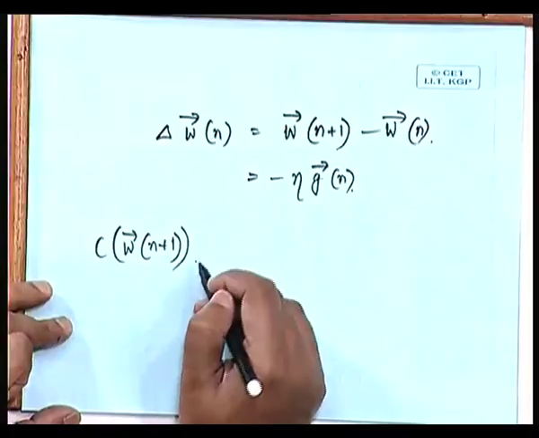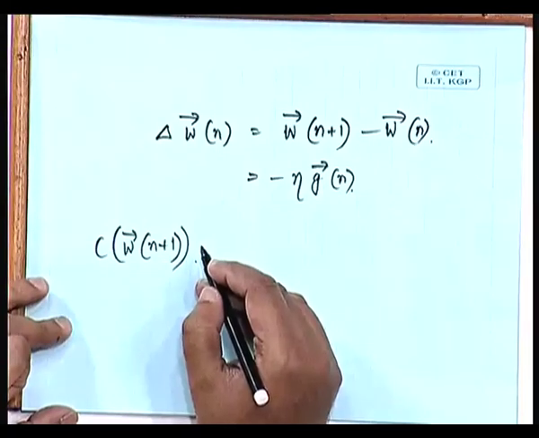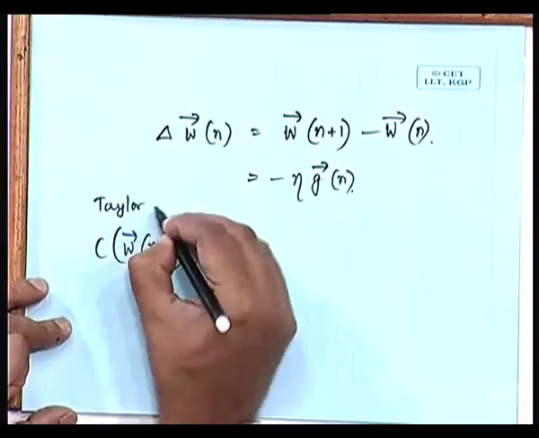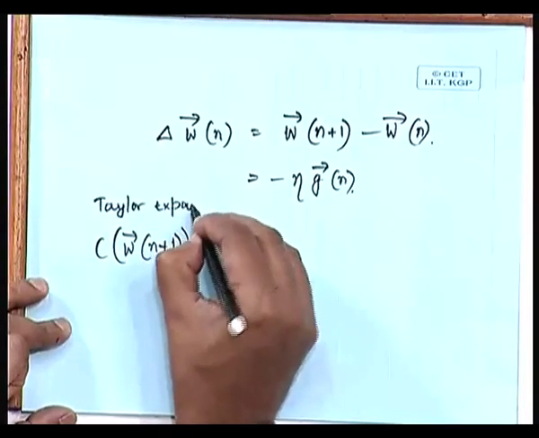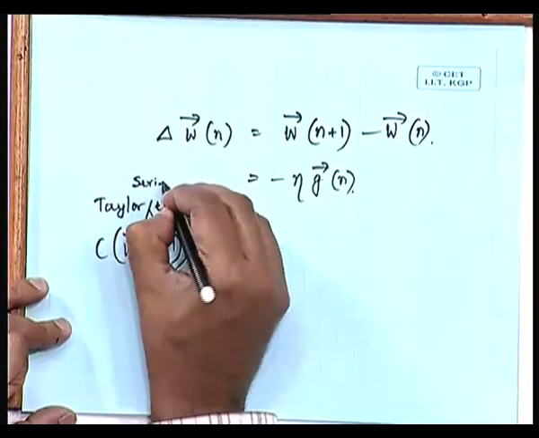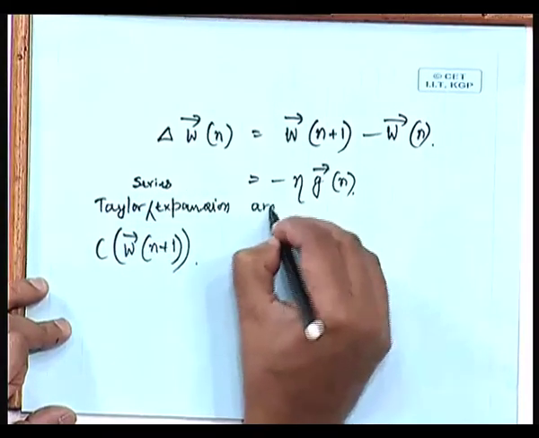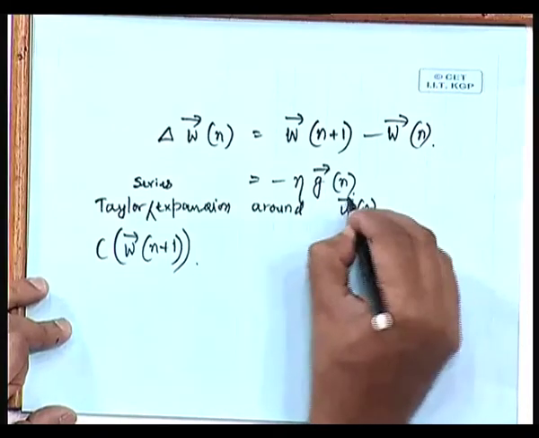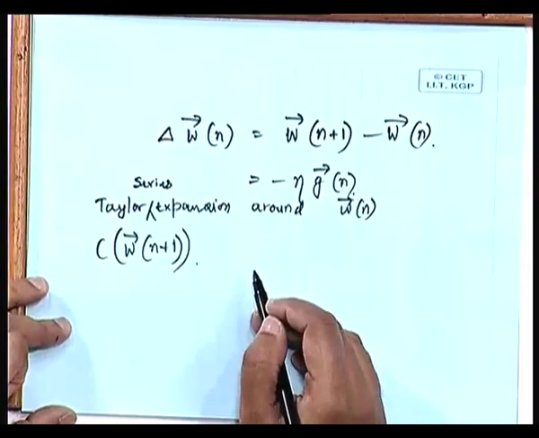People were mentioning Taylor series, not very confidently, but it is the Taylor series expansion that we have to carry out for this C W n plus 1. So, we make a Taylor series expansion around W n to approximate C W n plus 1.